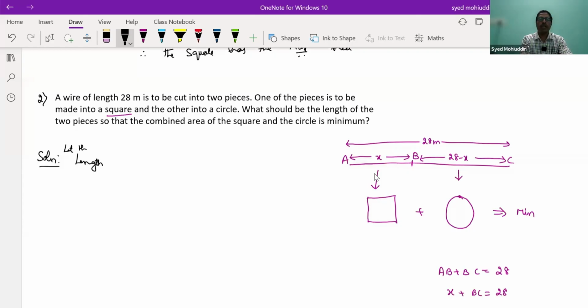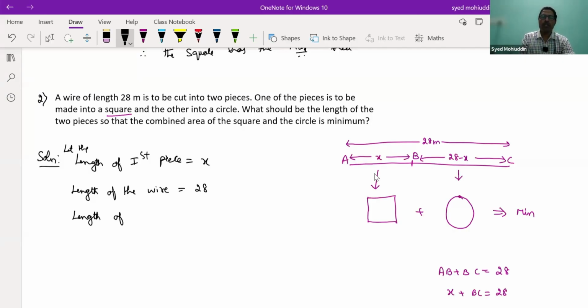The length of the first piece AB equals X. Then the length of the wire is already given to us, it is 28. If the length of the wire is 28 and the length of the first piece is X, then the length of the second piece will be 28 minus X. So this is the data that we have obtained from the question itself.